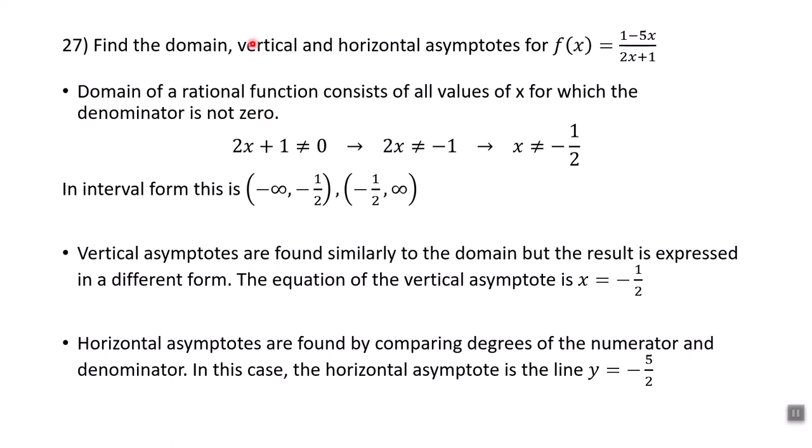Vertical asymptotes. Vertical asymptotes are found similarly to the domain, but the result is expressed in a different form. So here we say, hey, x can't be a negative 1/2 because it makes our denominator 0. But for vertical asymptotes, we say x equals a negative 1/2 because it's an equation. This is a vertical line that the graph approaches from both sides.